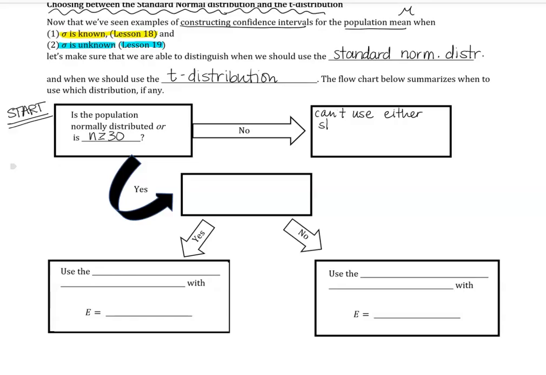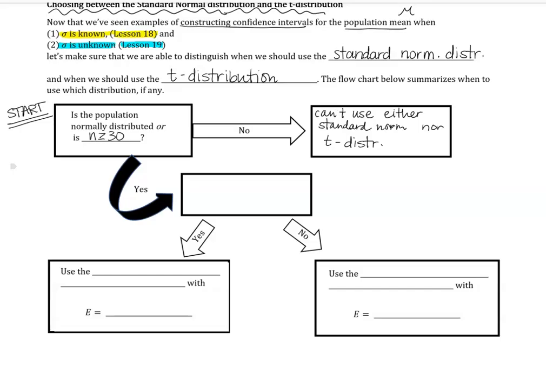You can't use either the standard normal distribution, that says standard norm, nor can you use the t-distribution. If neither the population was normally distributed nor the sample size was greater than or equal to 30, you're not going to be able to form that confidence interval.